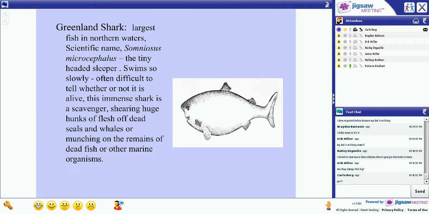Greenland shark. Largest fish in the northern waters. Scientific name, Somniosus microcephalus, the tiny-headed sleeper.